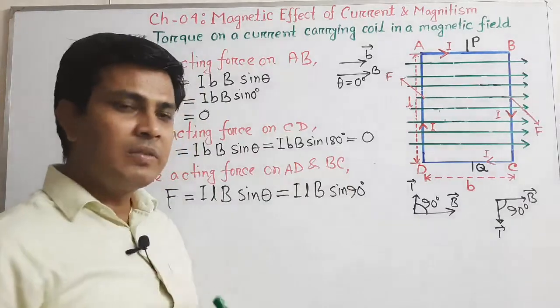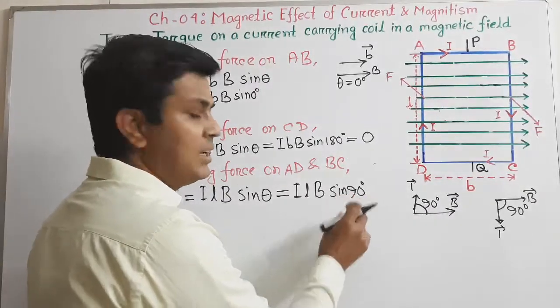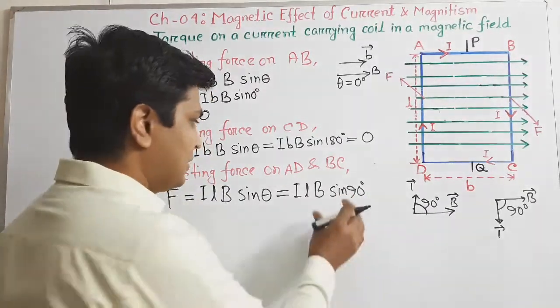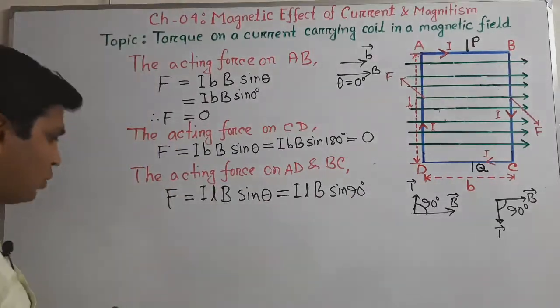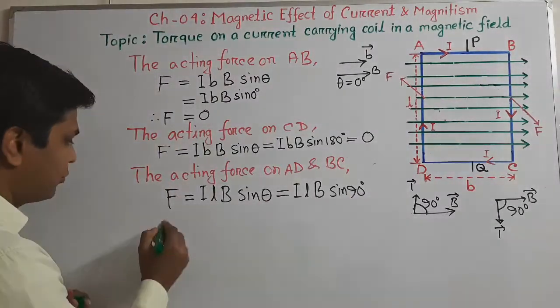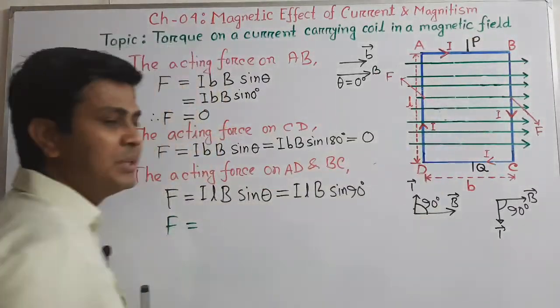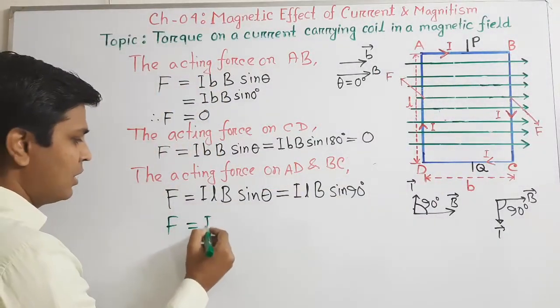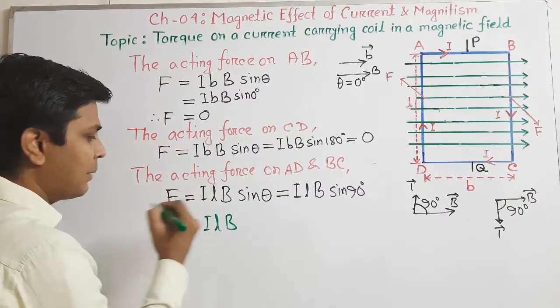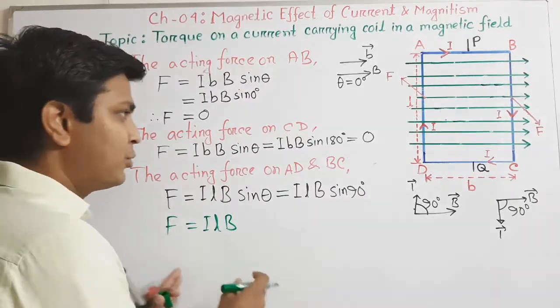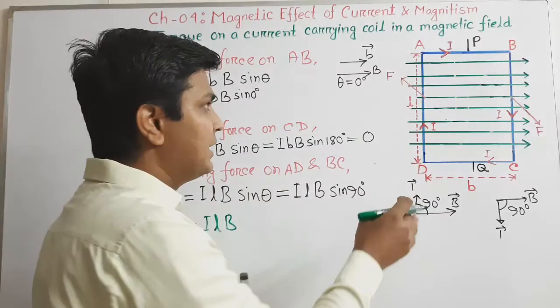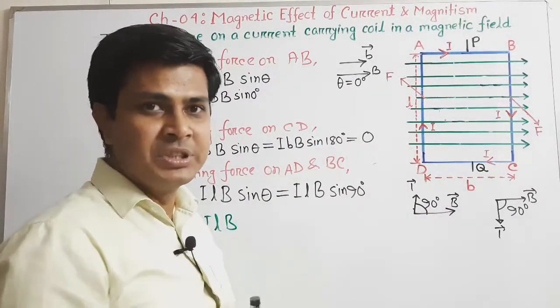As you know, the value of sine 90 degree is 1. So after calculating that expression, we get the force acting on the two sides AD and BC is F equals I L B, and that force acts on the AD and BC lines in opposite directions.